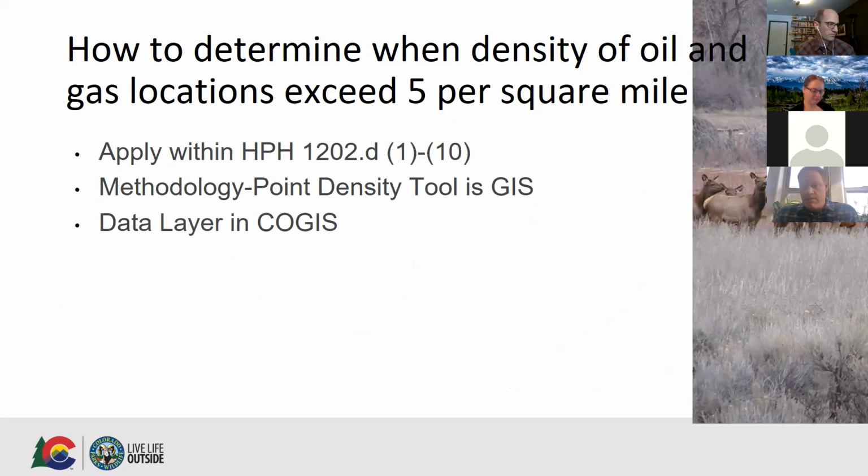What we've done at CPW is we've developed a point density analysis in GIS, and we have all the methodology spelled out in some operator guidance that we will give you, and you can run this if you think your new facility is going to kick you to basically that 6th location within a square mile.